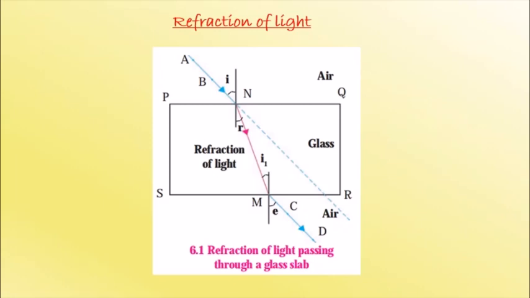And so you can say that the light ray MD emergent from the glass slab is parallel to the incident ray AN on the side of PQ. Also, the emergent ray is somewhat displaced with respect to the incident ray.